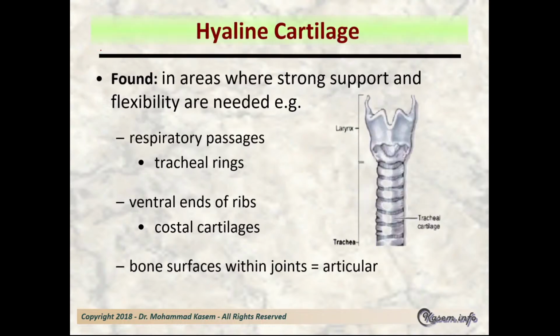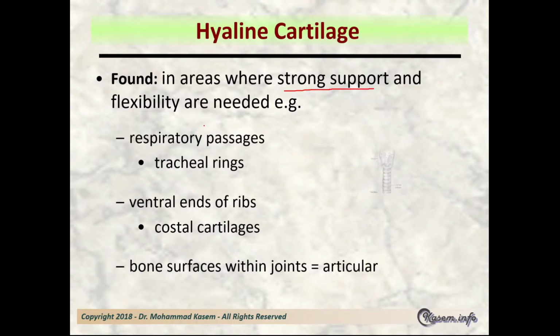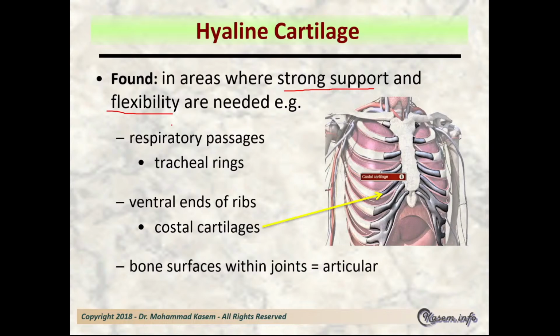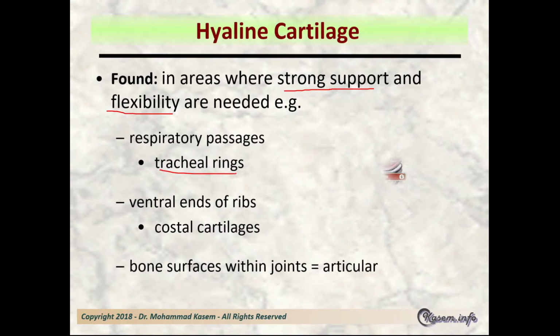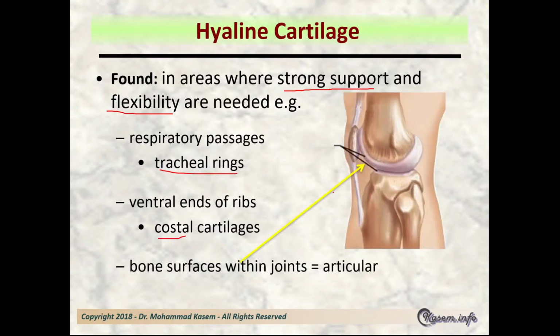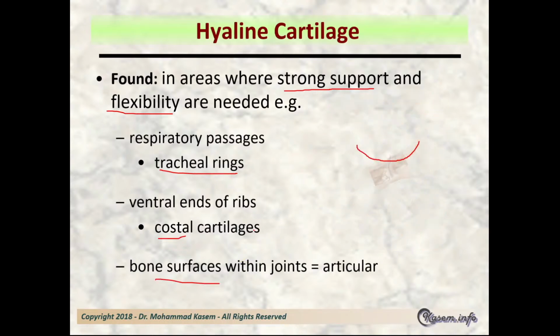Hyaline cartilage is found in the areas where it needs strong support and a little amount of flexibility, like the tracheal rings, the costal cartilage and the synovial joints here. See this joint, the synovial joints, the ends of bones are covered by hyaline cartilage.